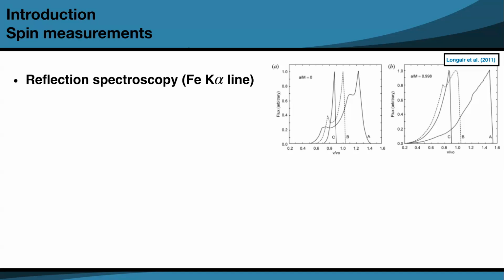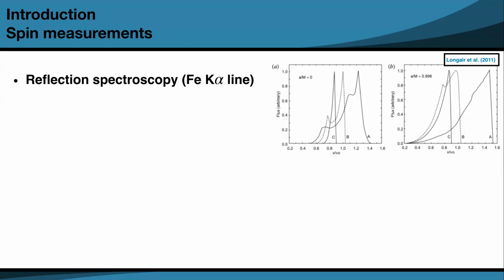And thus, some effects like Doppler shift or gravitational redshift can modify the shape of the line. Here, for example, we have the iron line profile for two values of the black hole spin and three possible inclinations. And basically studying the profile, modeling the profile of these lines and the reflection component as a whole allows for an estimate of the spin and the inclination of the source.